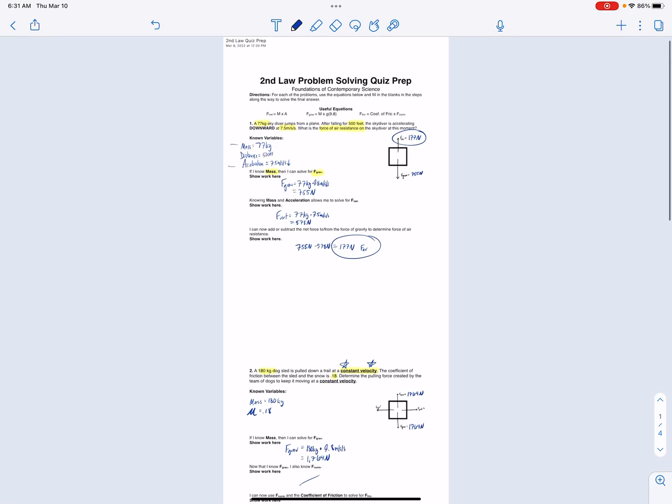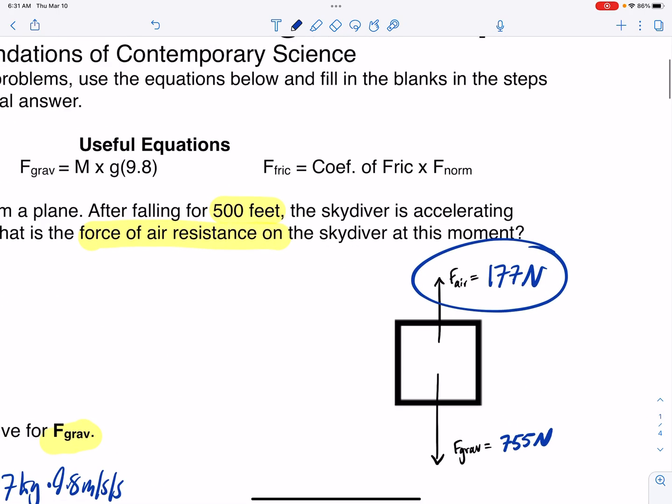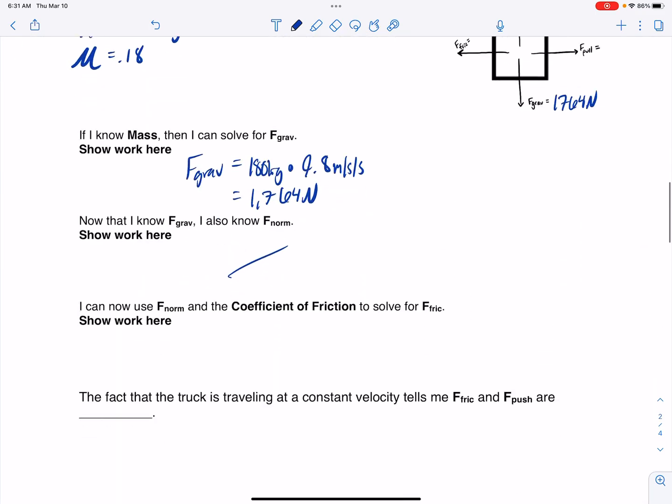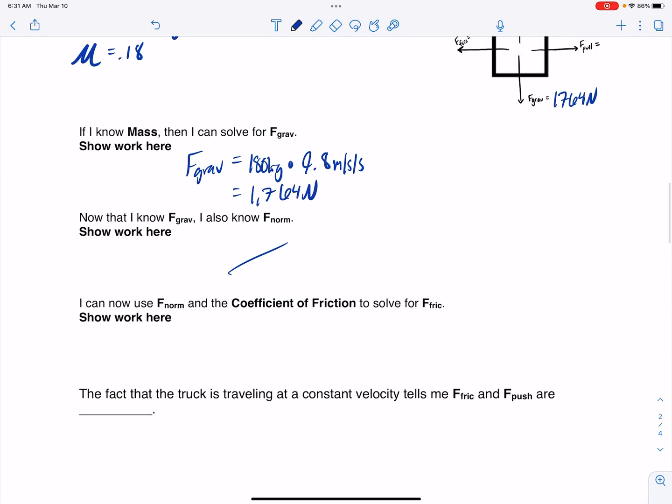All right, so now our next step in this kind of problem: we just unlocked normal force, and if I look at my equations, I realize that I've been given the coefficient of friction. I now know normal force, so I can solve for the force of friction. Let's unlock our next clue. We're going to use our equation from up above. The force of friction is equal to our coefficient of friction, 0.18, times F norm, which is 1,764 newtons.